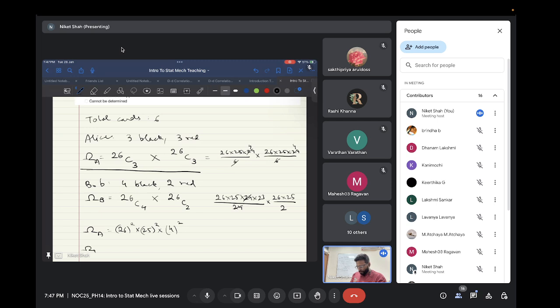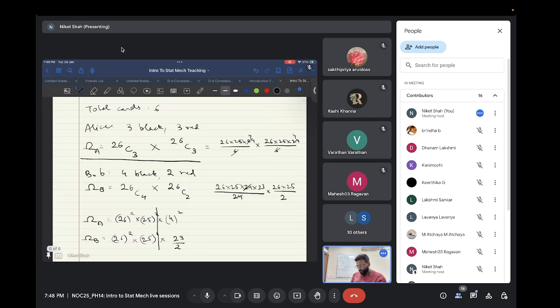For Bob, the same thing is 26 square into 25 square multiplied by 23 divided by 2. So this portion is the same number of microstates, only this is the difference.